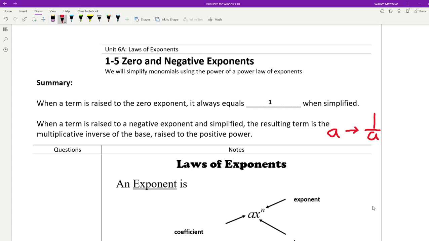So through multiplication, that's usually 1 over that number. Just to write that down, a to the power of negative 1 would then equal one over a.